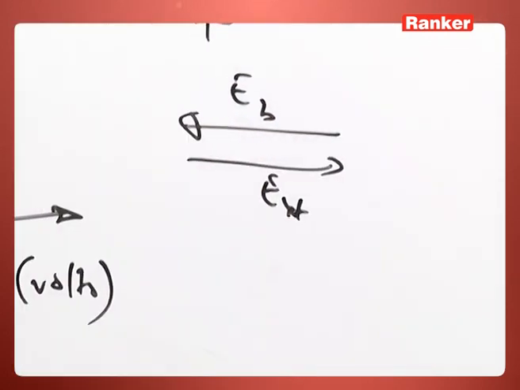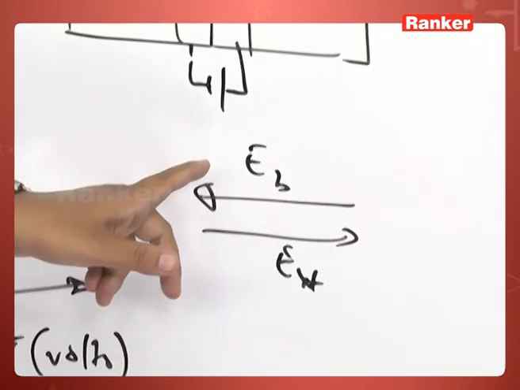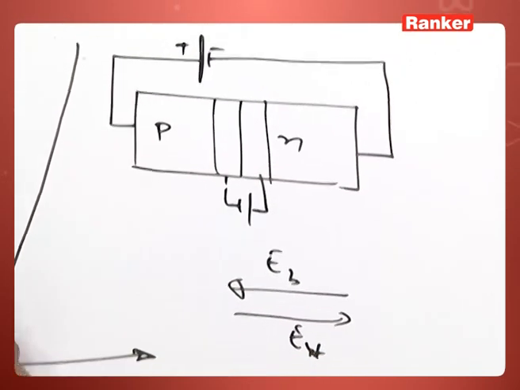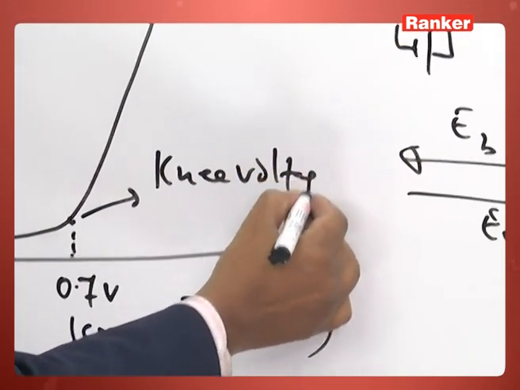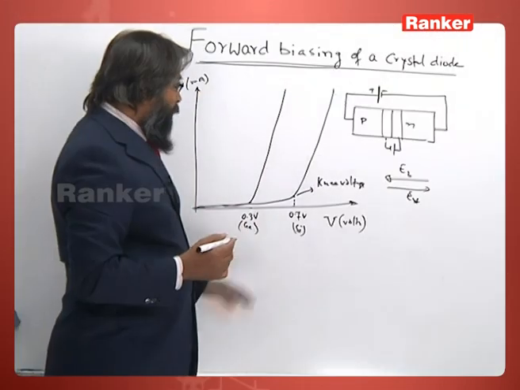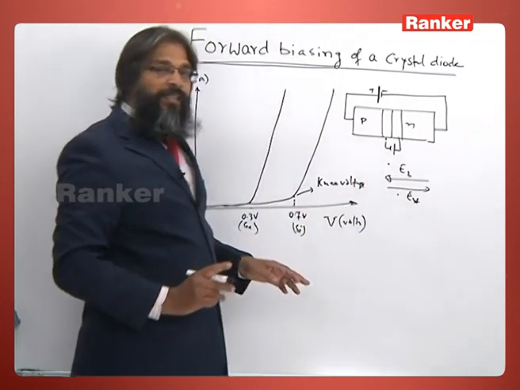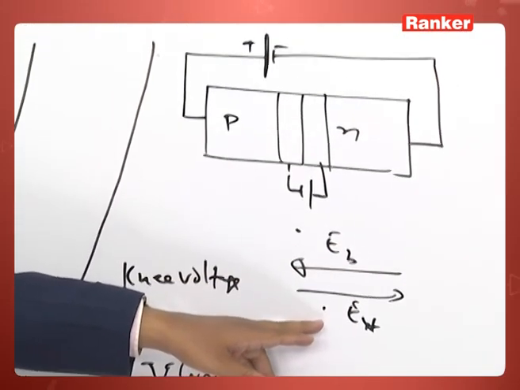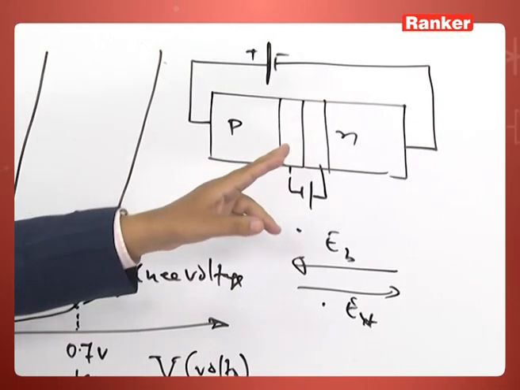So, till this external field balances this field, it reduces the net field to 0. This is called knee voltage. Before this stage, this barrier field is more than the external field, but here this field becomes equal to this field and the net field at the junction is reduced.